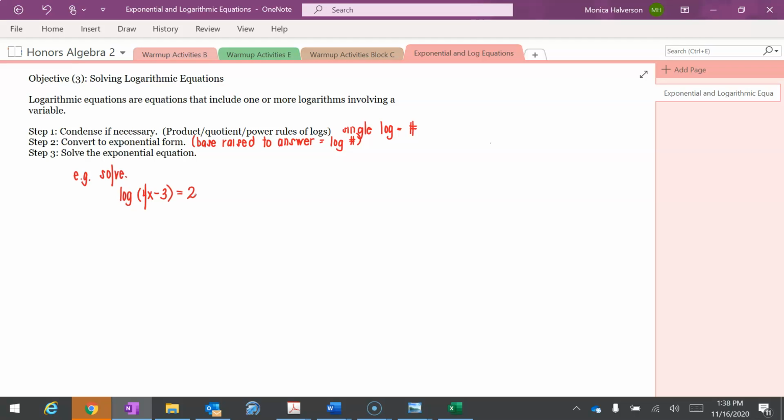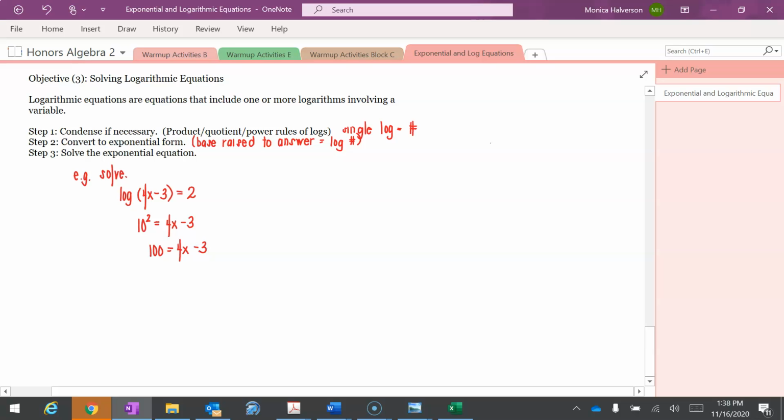So now we're going to convert it into exponential form. We're going to start with the base. In this case, we know it's a common log because there's no base written. So it's 10 raised to the answer, which is 2. So 10 squared is equal to the logarithmic number, which is 4x minus 3. So we get 100 equals 4x minus 3.